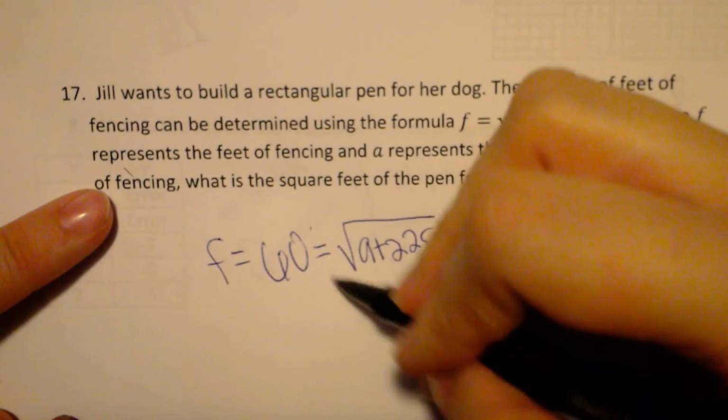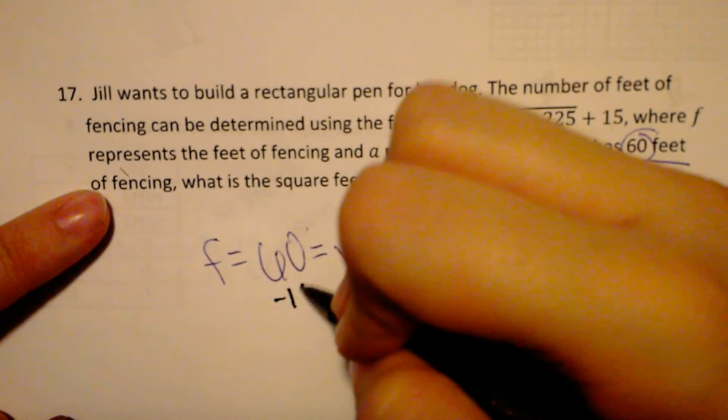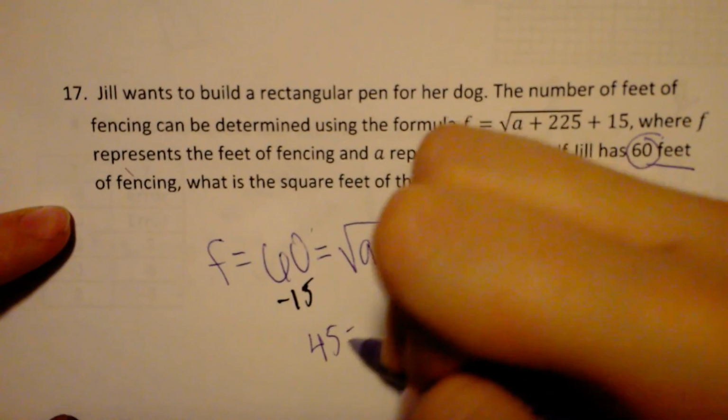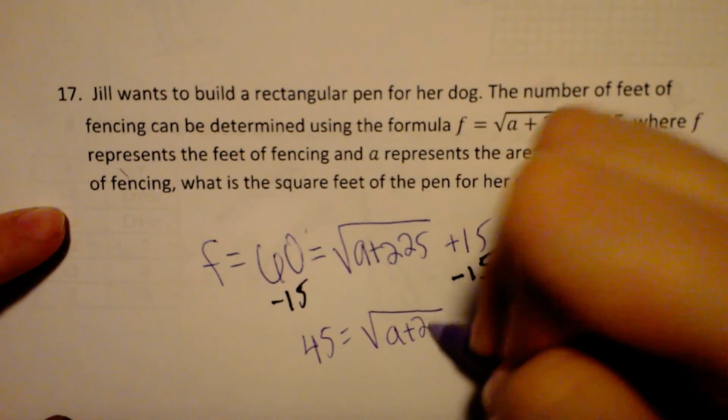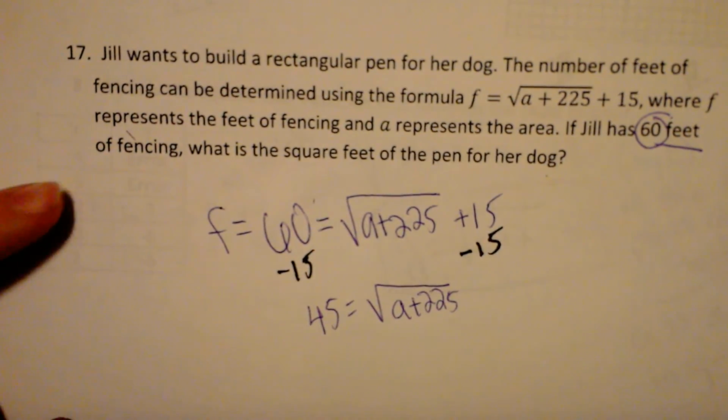So I'm going to have to isolate my radical, so I'm going to subtract 15. So I get 45 equals the square root of a plus 225. So now I'm going to square both sides.